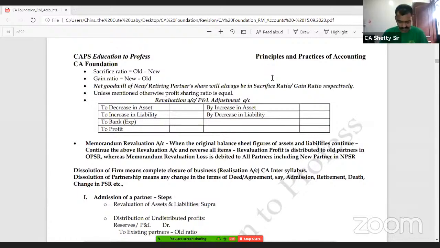Example 1. A and B are partners for the last 20 years. A building was purchased at inception, at the beginning, for 100 lakh. That 100 lakh building is worth rupees 900 lakh now.